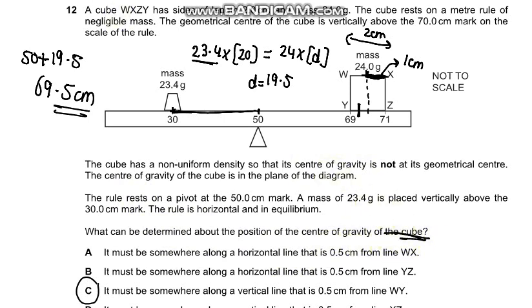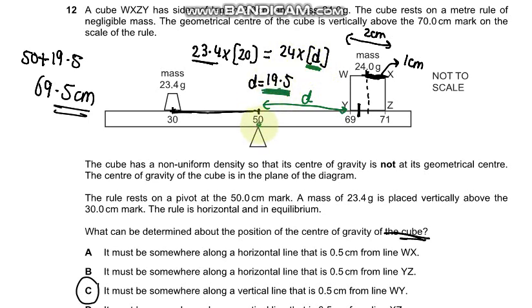In order to get the position, we need to determine the distance from where it must be placed. So 23.4, you can multiply it with the value of g, but it does not matter. 23.4 multiplied by the distance, which is 20, equals 24, which is the mass, multiplied by D. D is the unknown, so evaluating D would give us 19.5.